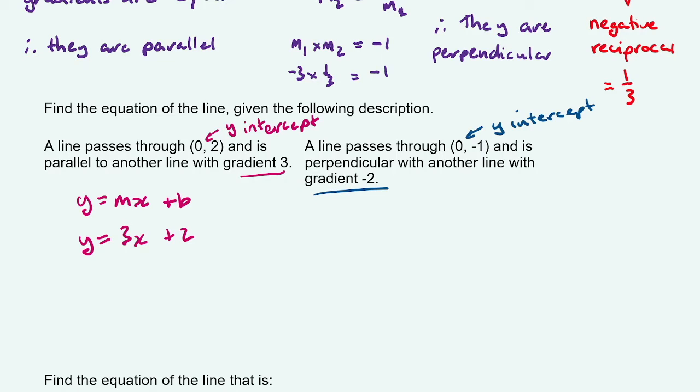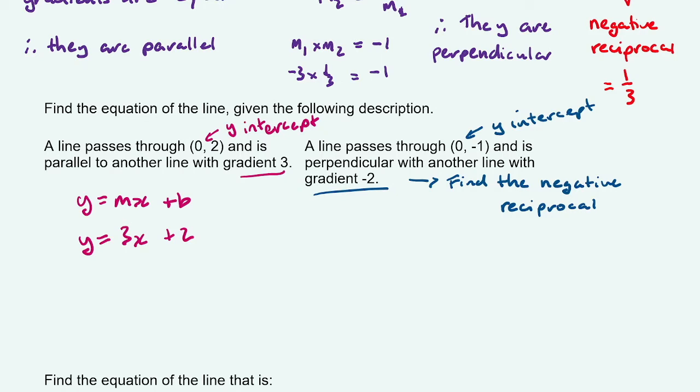We have a gradient of -2, so we need to find the negative reciprocal.